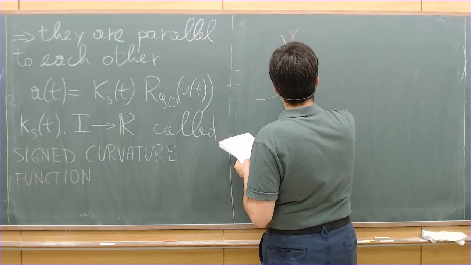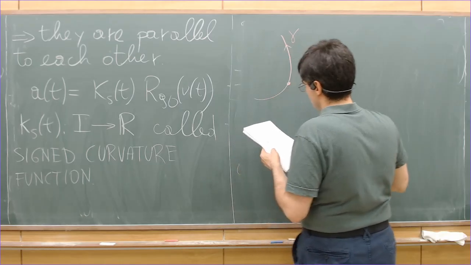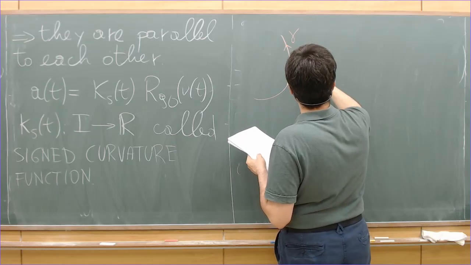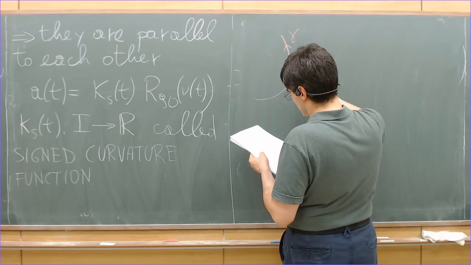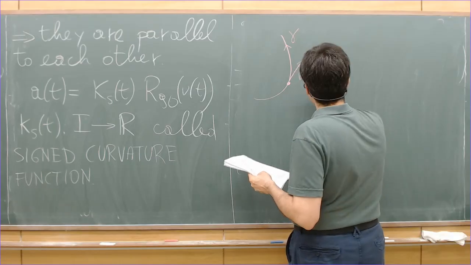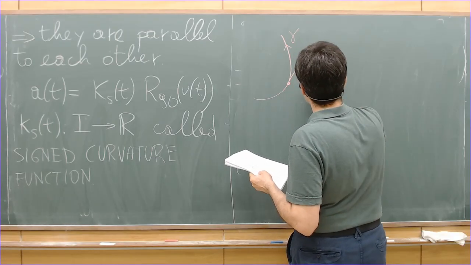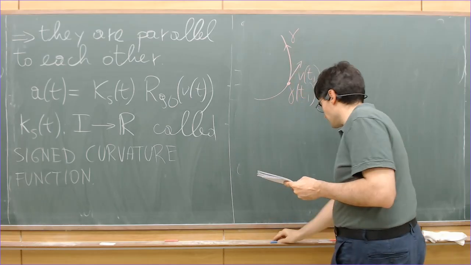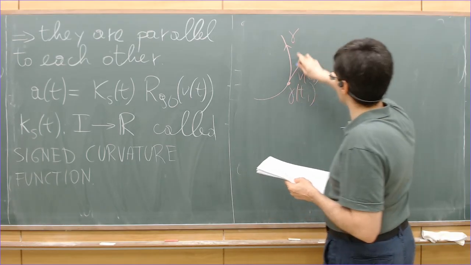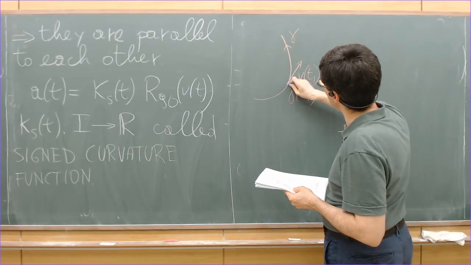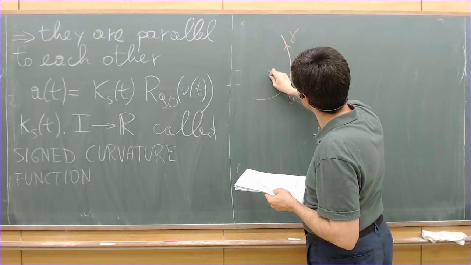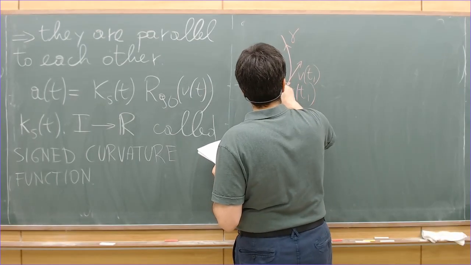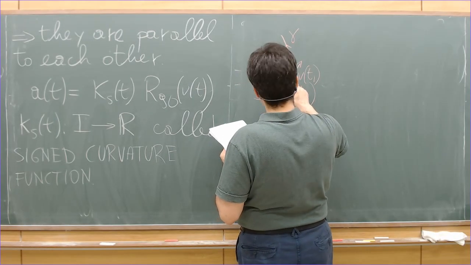Let's fix a point on this curve, and suppose that this is V of t1, so this is gamma(t1). Then for this curve, the acceleration points this way, so this is A of t1.